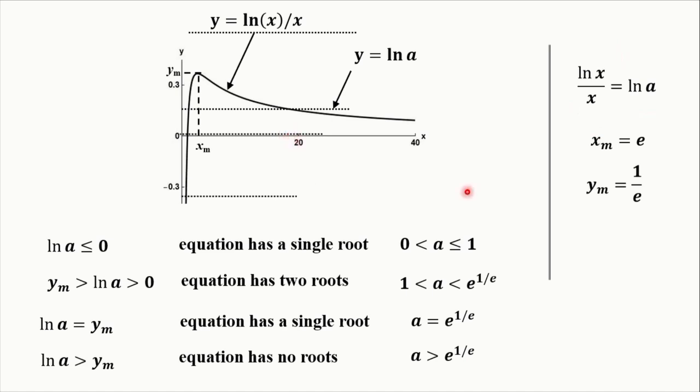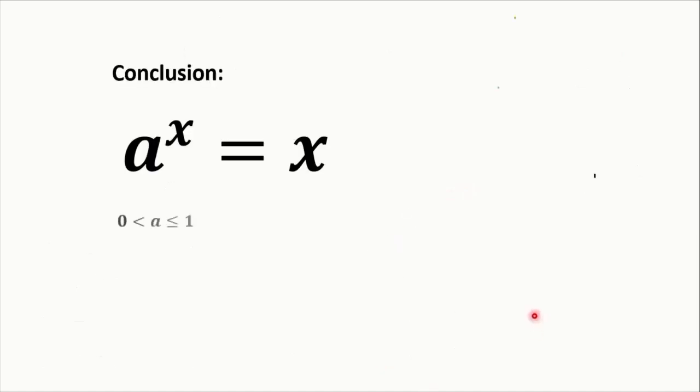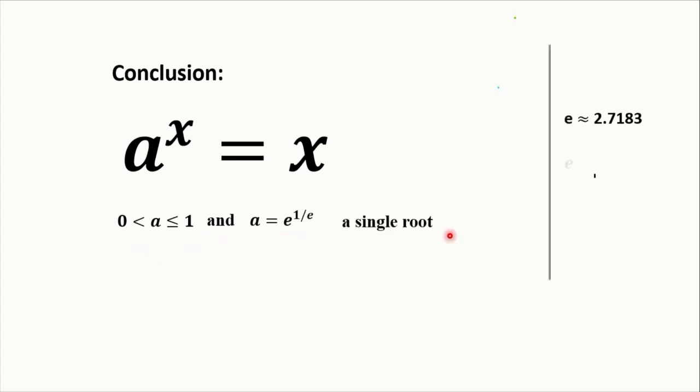We can summarize everything we found in this picture. So for a in this interval and a equal to this value, there is a single root. For a between 1 and e to the power 1 over e, there are 2 roots.